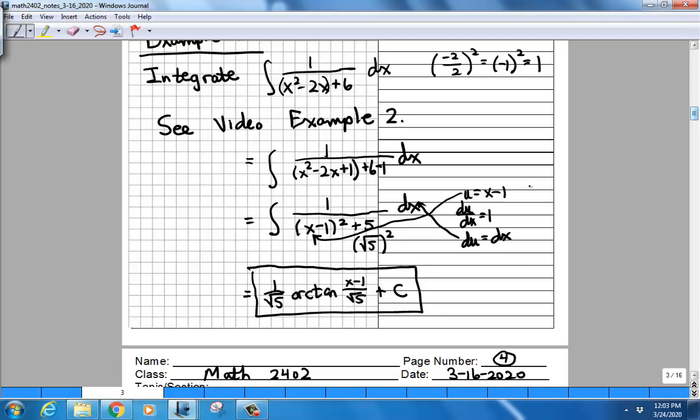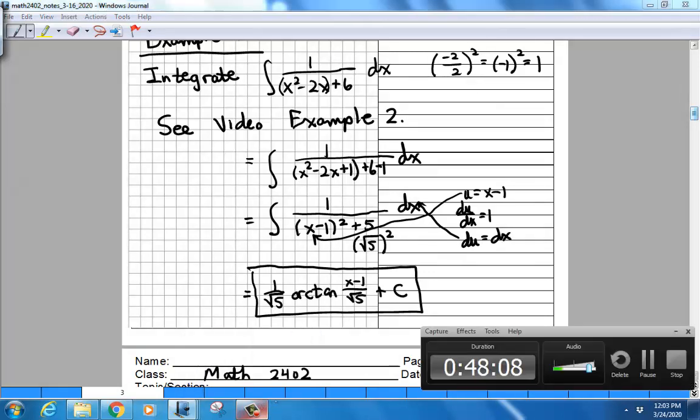Well, of course, these notes are about partial fractions, so using that particular technique, we've only seen one example so far, so we need to see some more examples of integrating using partial fractions. All right, so let me pause again, and then we'll come back and look at one more example.